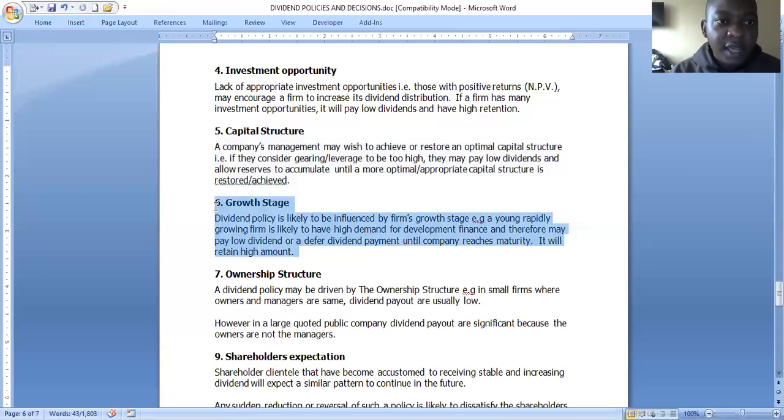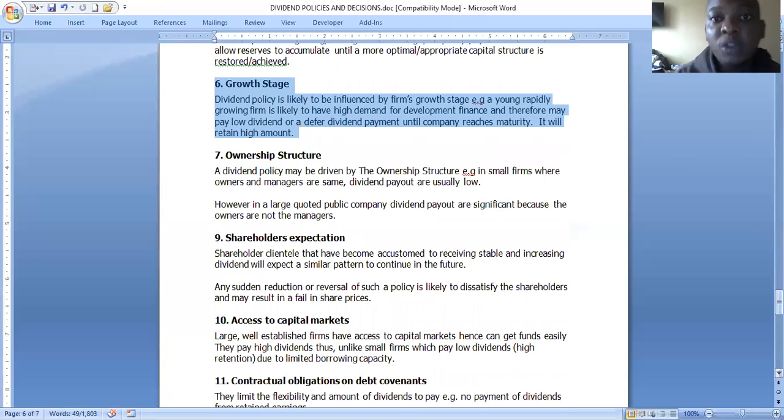And then another factor is the growth stage of the company. Dividend policy is likely to be influenced by the firm's growth stage, e.g., a young and rapidly growing firm is likely to have a high demand for development finance and therefore may pay low dividends and prefer to defer dividend payment until the company reaches maturity.